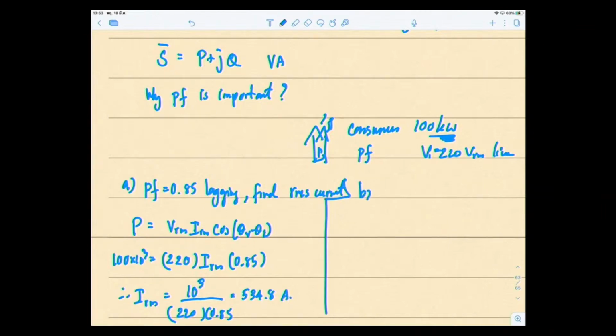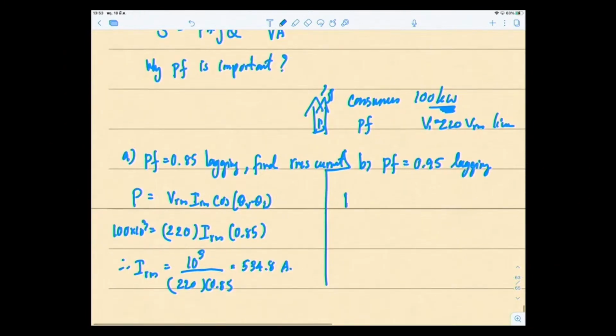Now, let's say we change the PF. Same load, 100k watt, and the PF is now 0.95 lagging, higher. The value of PF is higher. So let's find the current also. Same procedure: P is equal to Vrms Irms cos(theta V minus theta I). So therefore, Irms equals 10 to the fifth divided by 220 divided by the PF, now 0.95.